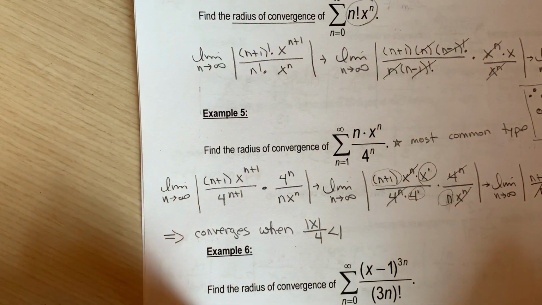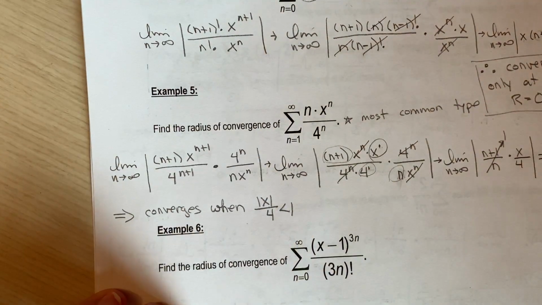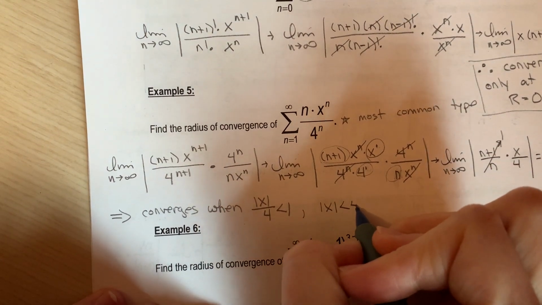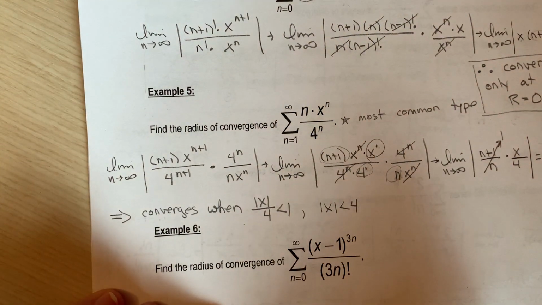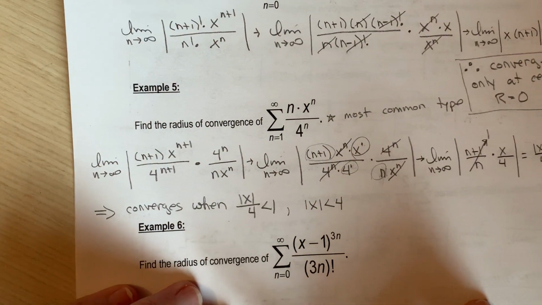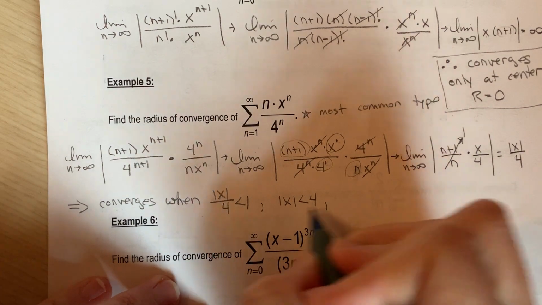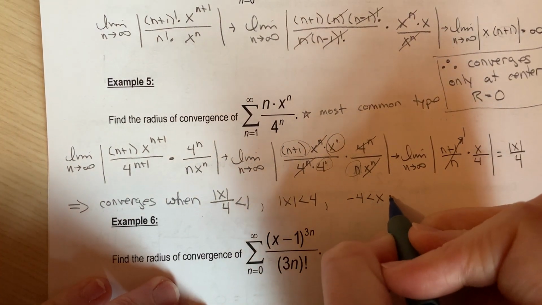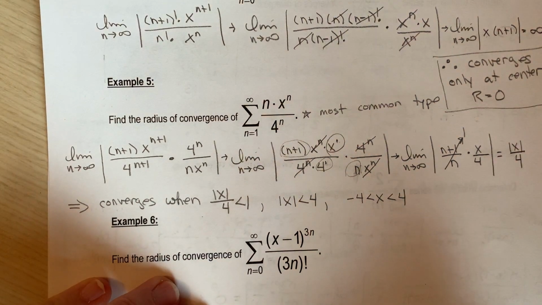So let's solve for x to find the x values when it converges. So if I multiply both sides by 4, I get absolute value of x is less than 4. And remember, absolute value means I have two solutions, 4 and negative 4. So another way of writing this is saying x is between 4 and -4.